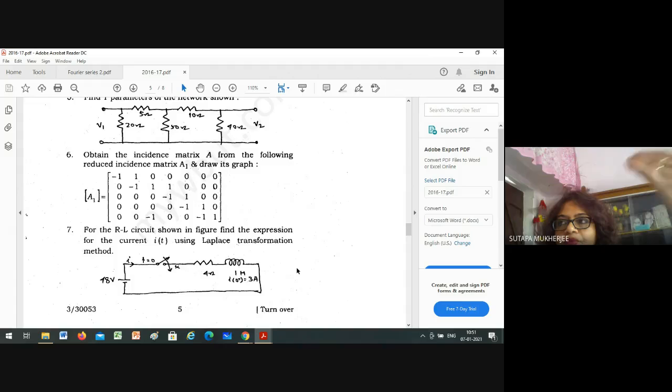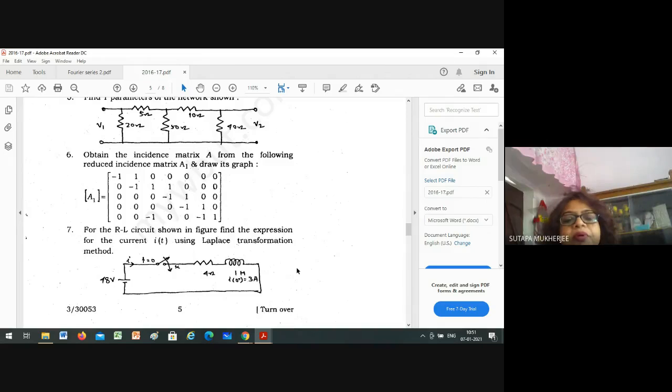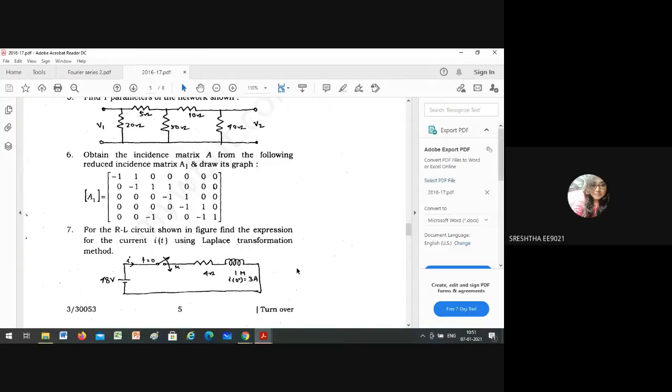Then you have to go to the properties of the incidence matrix, that the summation of all the elements along a column is equal to 0 in the case of a complete incidence matrix. Then if you put one row, what will be the value of each element in the first column vertically? Minus 1, 0, 0, 0, 0, 1, 0, 0, after that 1, that is plus 1.